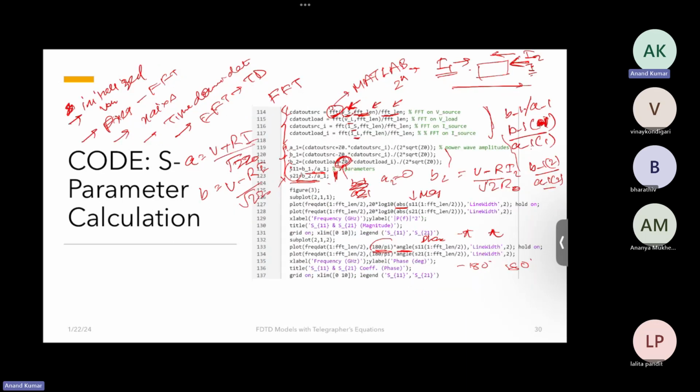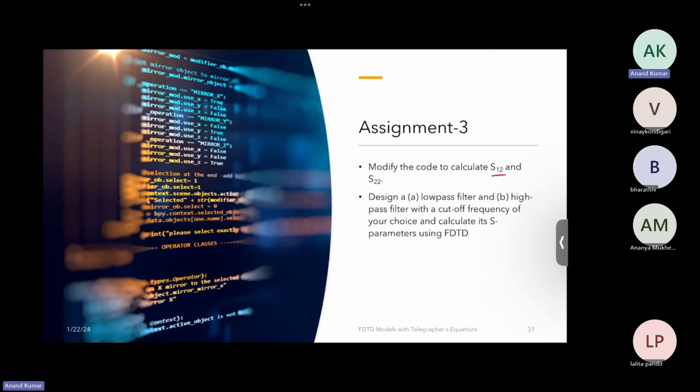So let's discuss assignment 3 and your question as well. The assignment is to calculate S12 and S22. Now, the code that you have is of this form. You have V0, the voltage at the zeroth position, which has some code, and then you have some source value, which is given by pulse.